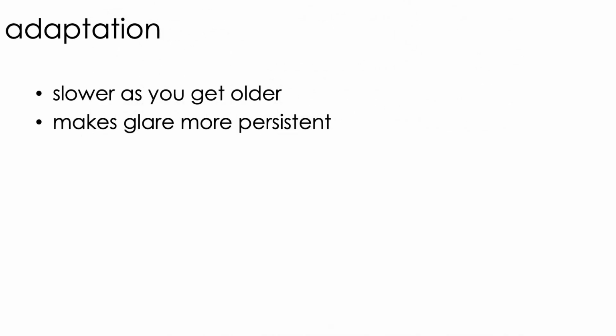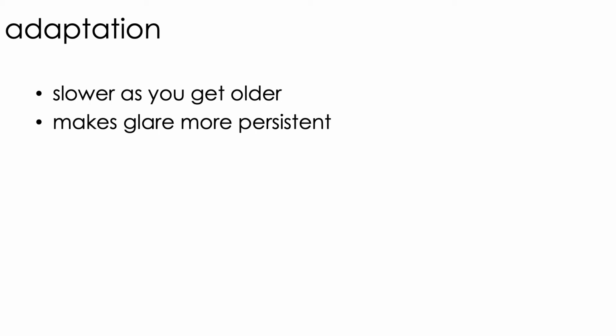Now, let's talk about adaptation, since that's another one of those words that we have discussed. And we have done an in-class exercise on adaptation. Basically, the definition is that your eye adjusts to have better perception at different light levels.